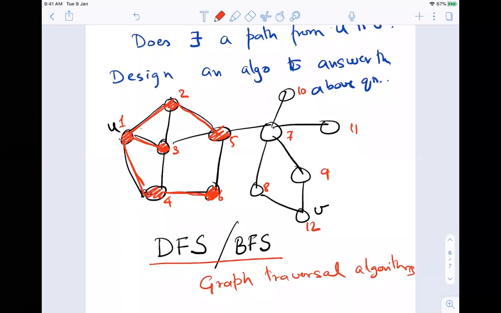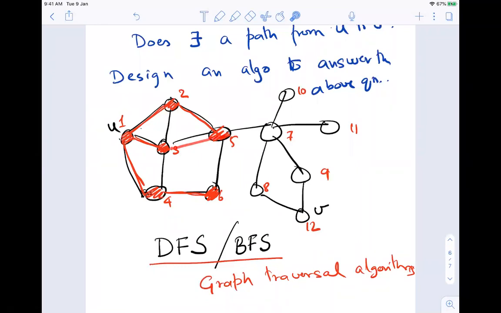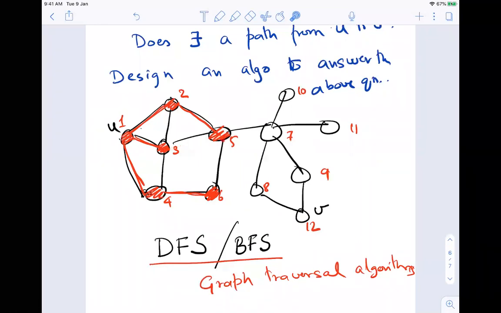In 5 again, I will look at all its neighbors. First I look at neighbor 3, that is marked. Then neighbor 6, that is marked. Then I look at neighbor 7, that is not marked. So I will go to neighbor 7 and mark it. Then I go to 6, which has 2 neighbors, 4 and 5, and both of them are marked, so no issue.